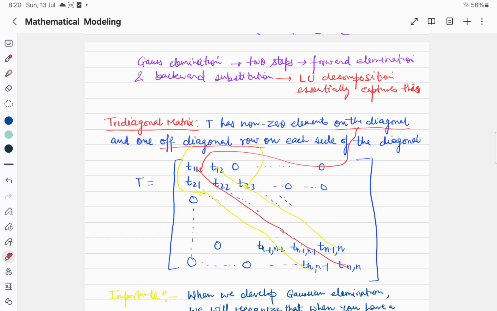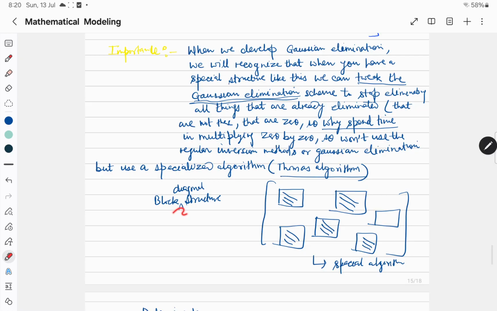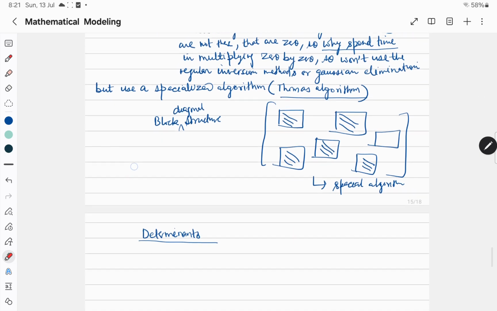Similarly, if you are solving a staged problem, such as a mass transfer operation, then the outcome of the first stage will affect the outcome of the second stage. So you will get tridiagonal type matrices, or matrices that have a block diagonal structure like this, where you will have tridiagonal structure within each block, the three diagonals being non-zero and the others zero. This is a block diagonal matrix.